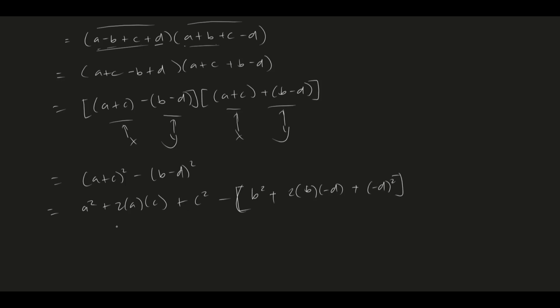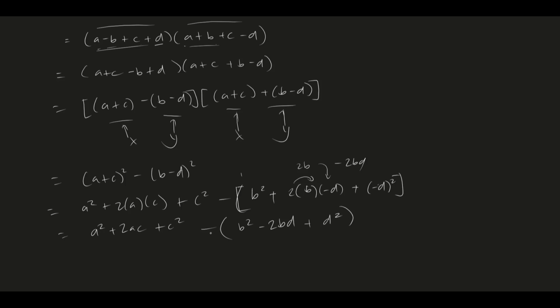So let's simplify. So a squared plus 2ac plus c squared negative. Let's simplify what is inside this bracket. So b squared and 2 times b is 2b and 2b times negative d is negative 2bd. So we have negative 2bd, then negative squared will be positive, then d squared, so we have positive d squared.